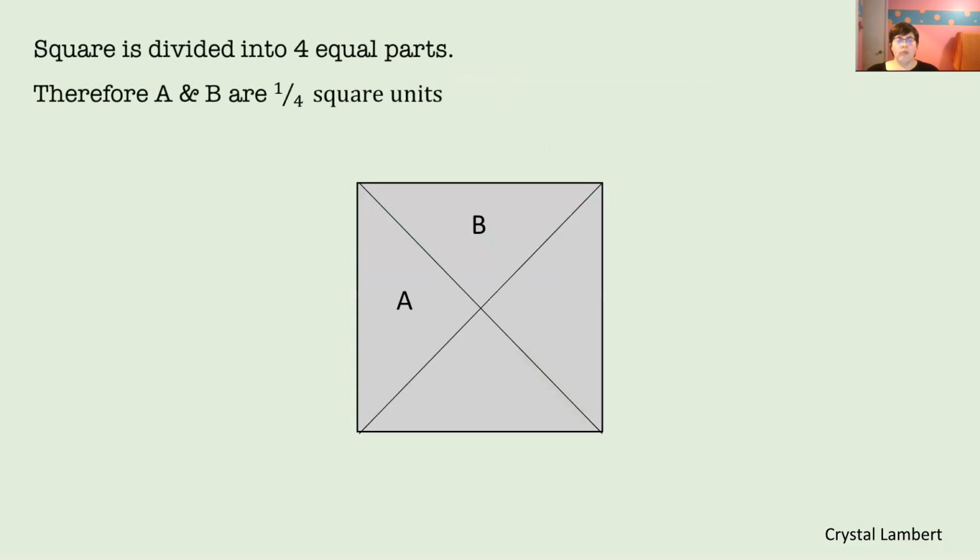Therefore, we know since there are 4 sections or 4 equal parts, then it is 1/4. 4 is going to be the denominator, so both section A and section B are equal to 1/4 square units. Simple, right? We got this.